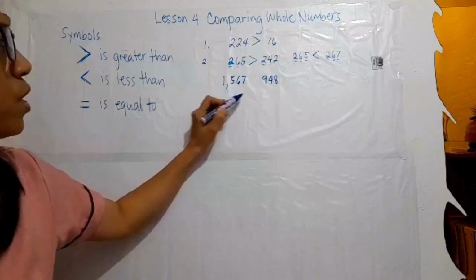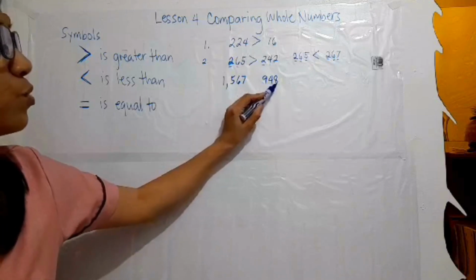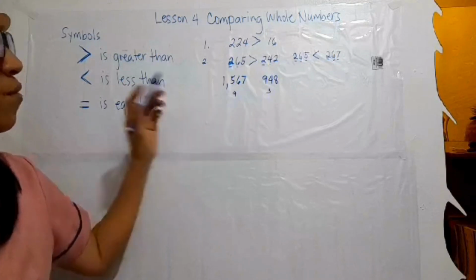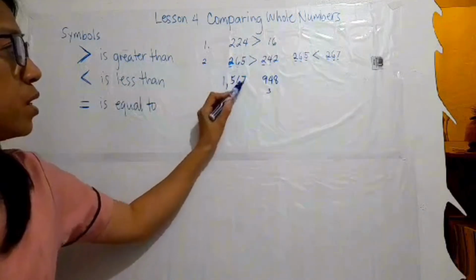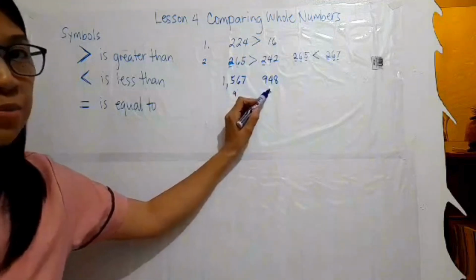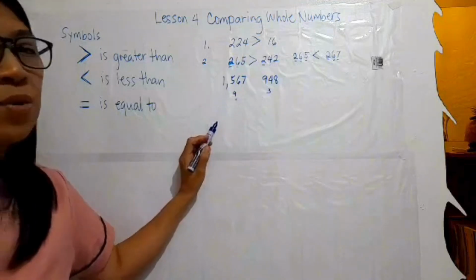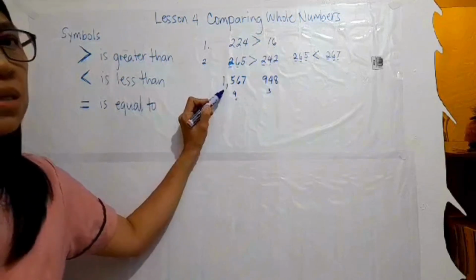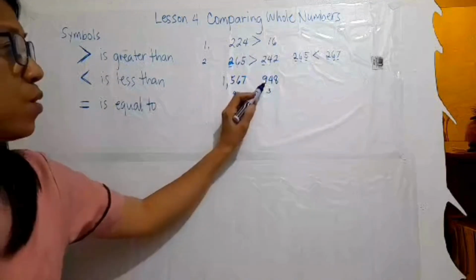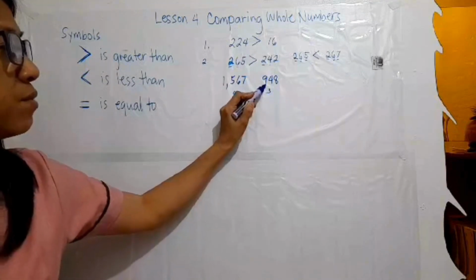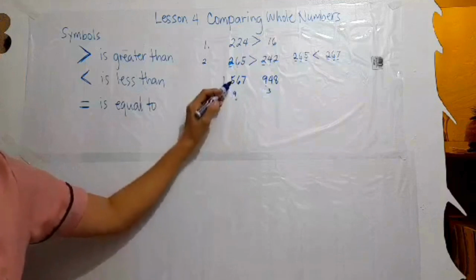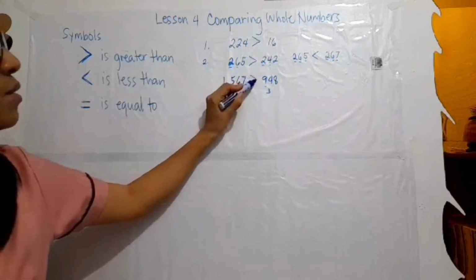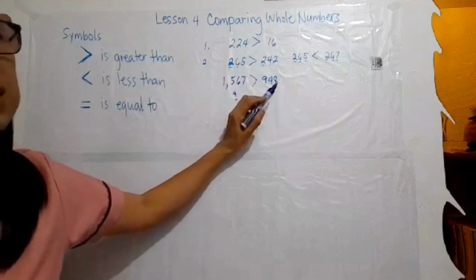This one has 4, and this one has 1, 2, 3. This one has 4, this one has 3. Therefore, this number is bigger than this one because it has 4 digits. In our place value chart, this already reached the thousands place, while this one only reached the hundreds place. So this number, 1,567, is greater than 948.